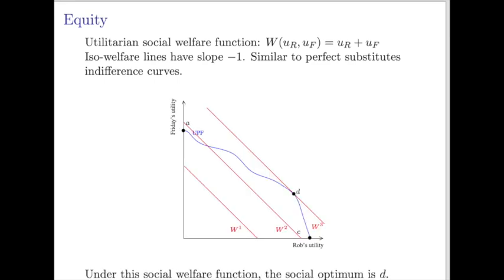So again, we take the same utility possibility frontier, but with this particular social welfare function, the ISO welfare lines are going to be these lines of slope -1. So for this social welfare function, the optimal bundle, it's not a bundle, it's a distribution of utilities. The optimal distribution of utilities is going to be D. That's where the sum of Rob and Friday's utilities is maximized.